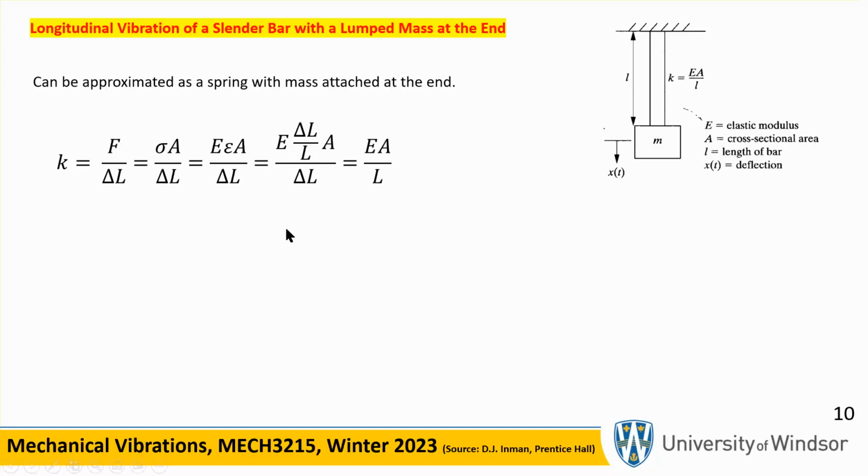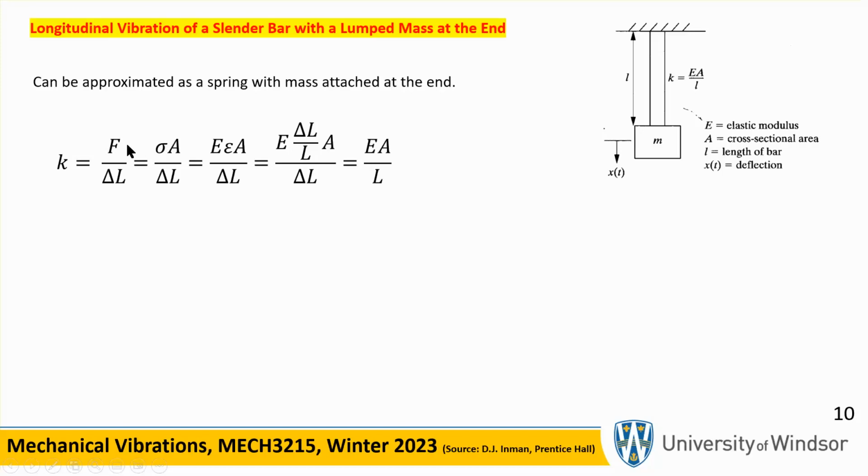Let me remind you, from deformable bodies or stress analysis, the stiffness of that structure, this bar hanging, is like a fancy spring. And the stiffness of a spring is the force applied to it over the amount of stretching. We know this. Force over stretching. Now, force in that bar is the stress in the bar times area, because that's how axial stress is defined.